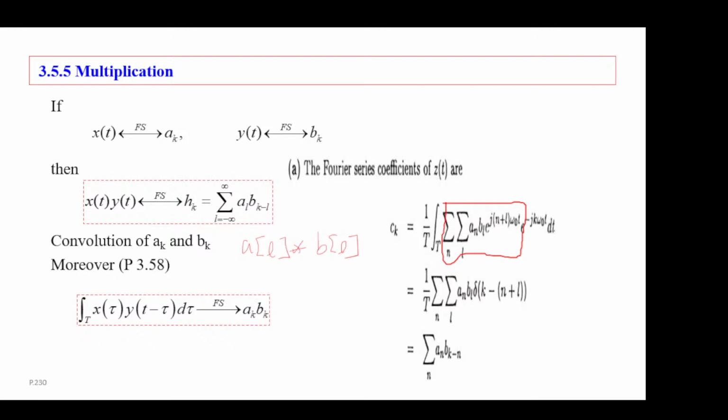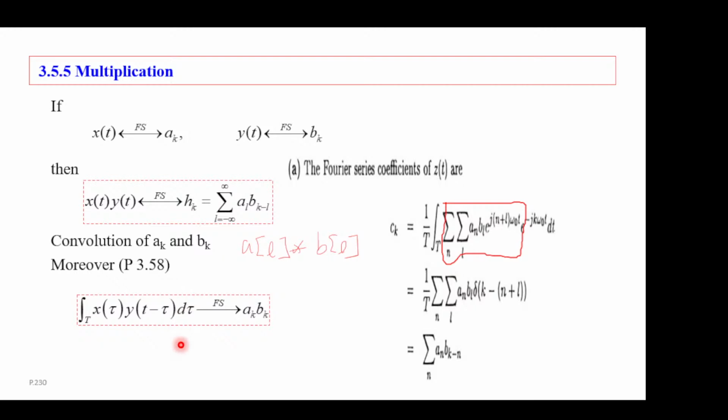So if you go to the other side, you think about some function with coefficients a_k times b_k. So you have multiplication on this side, and you actually have convolution on the other side. If you have coefficient a_k times b_k, then that corresponds to a signal that's the convolution between x and y, the integral of x of tau times y of t minus tau d tau.